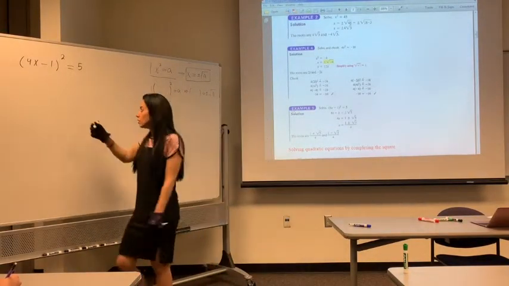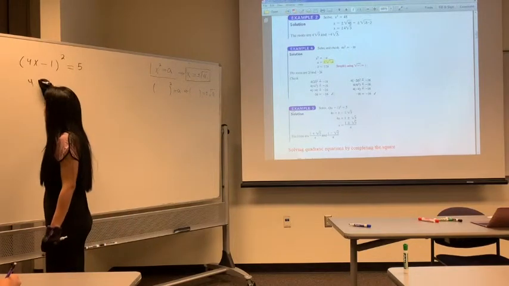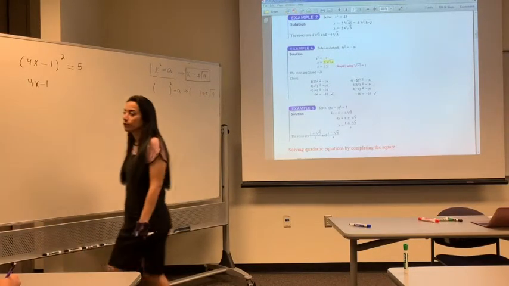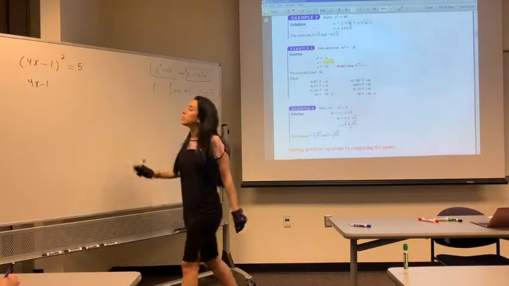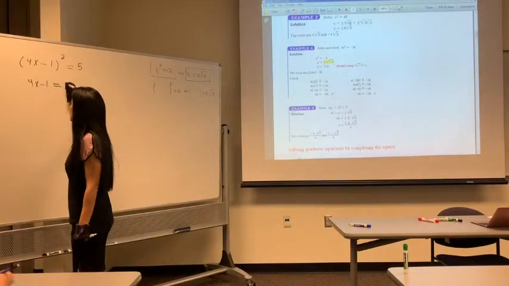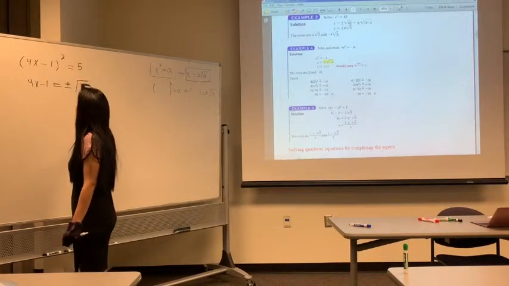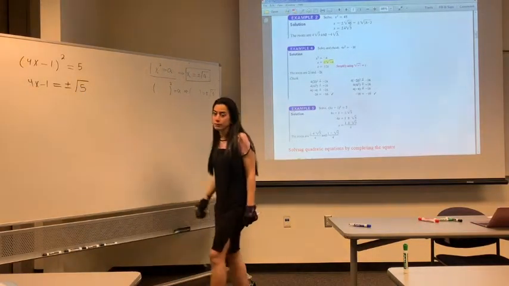So whatever we have inside the parenthesis, 4x minus 1, is equal to positive, negative radical 5.